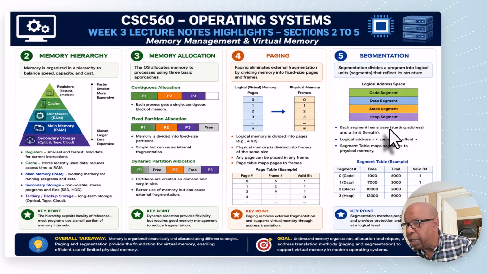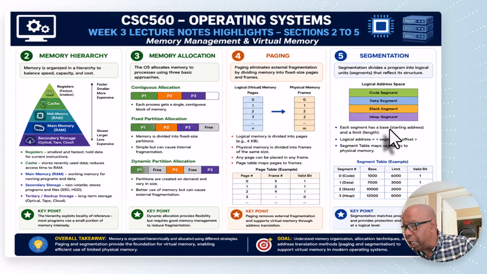Okay. The segment table maps segments to physical memory. So I have a segment similar to what I did with the page, mapping it to physical frames. Same thing is happening here. I'm taking a logical segment and I'm mapping it into a particular piece of memory that has a base location and an offset into that location. Still taking a logical piece of something and mapping it into physical memory.